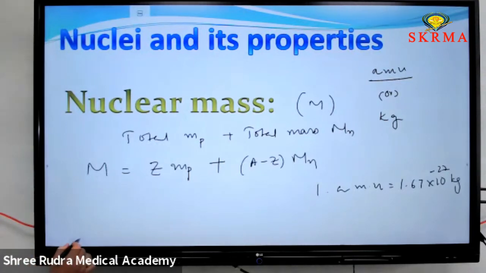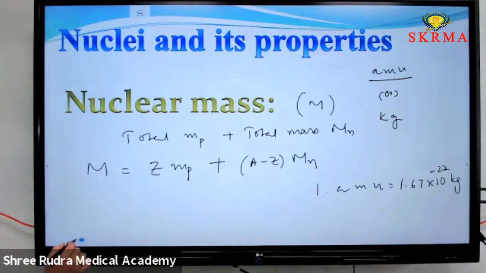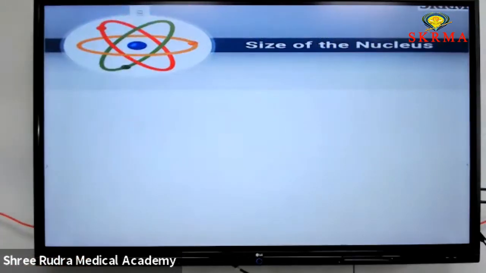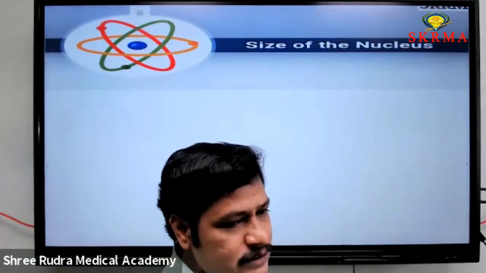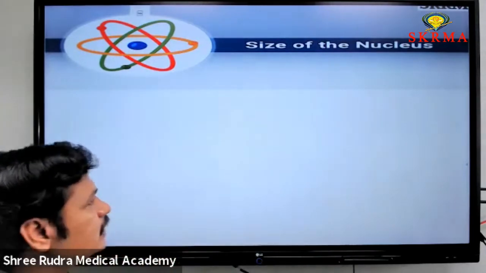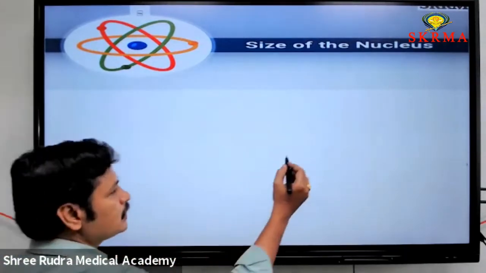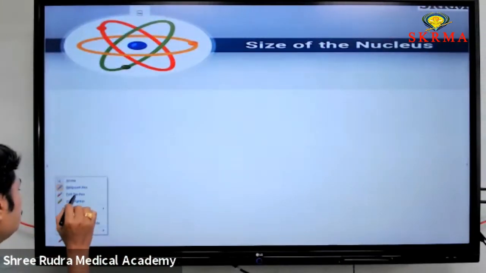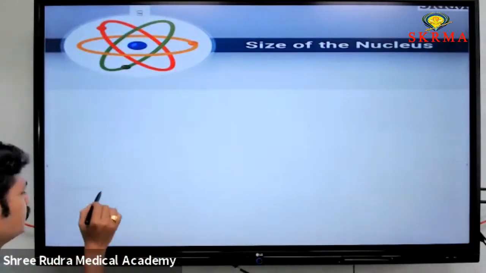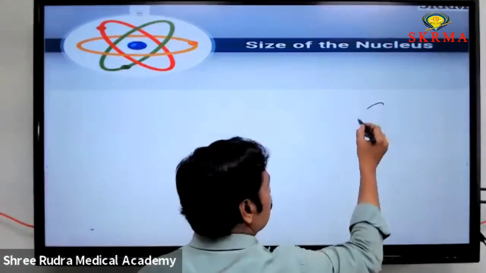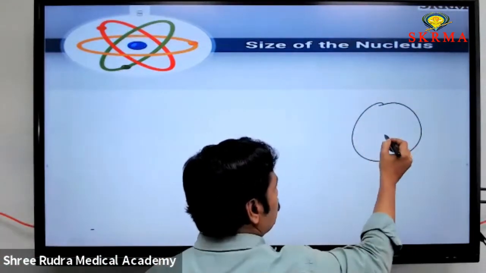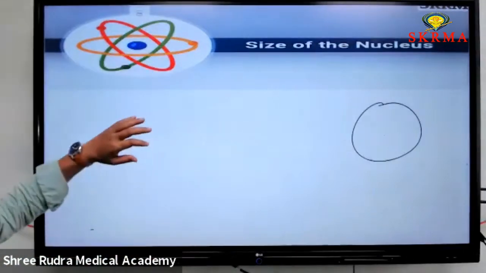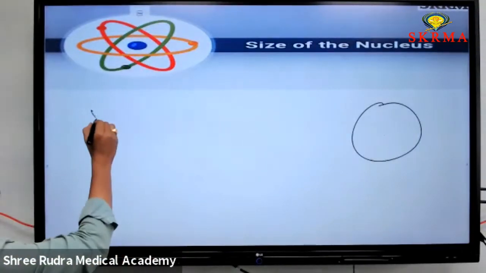The second important property is the size of nucleus. What is the size of nucleus? Generally, the shape of the nucleus is represented as spherical, where the size can be represented by the volume of the sphere.